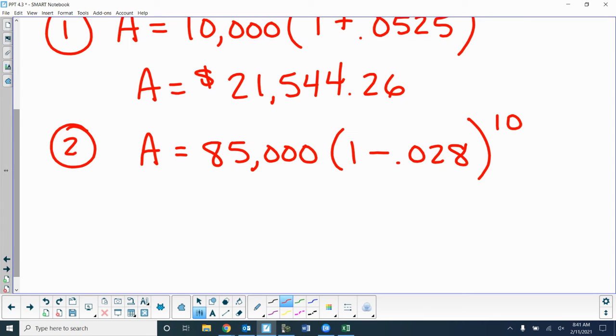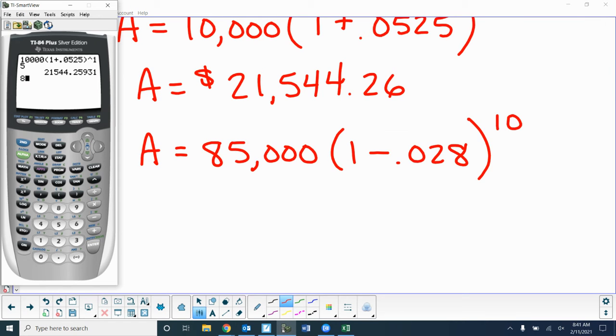Right. So we go back to our calculator and put it in, 85,000, 1 minus 0.028 to the 10. And it's 63,985.